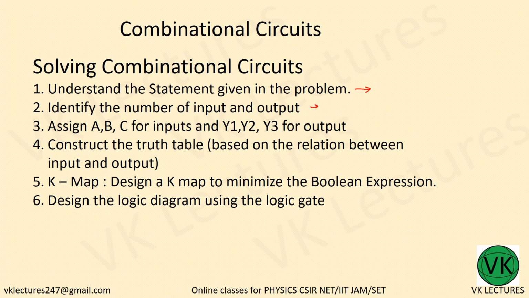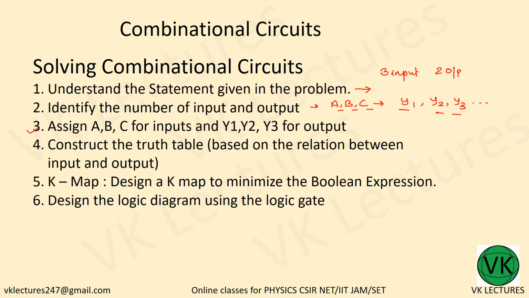There can be many inputs A, B, C and corresponding outputs, it can be any number. After finding the number of inputs, for example 3 inputs and 2 outputs, assign the names A, B, C, Y1, Y2, Y3 for the inputs and outputs respectively.